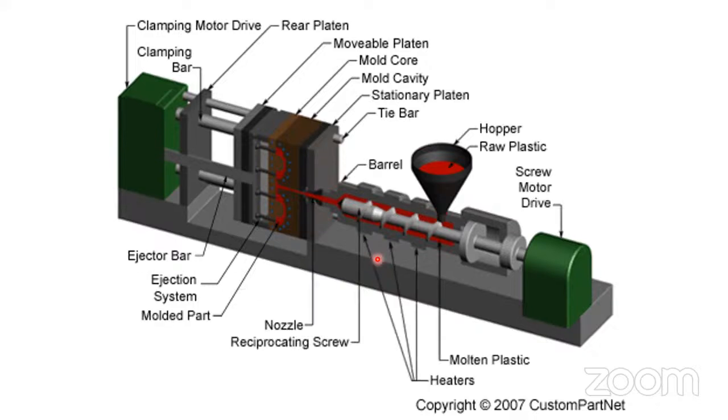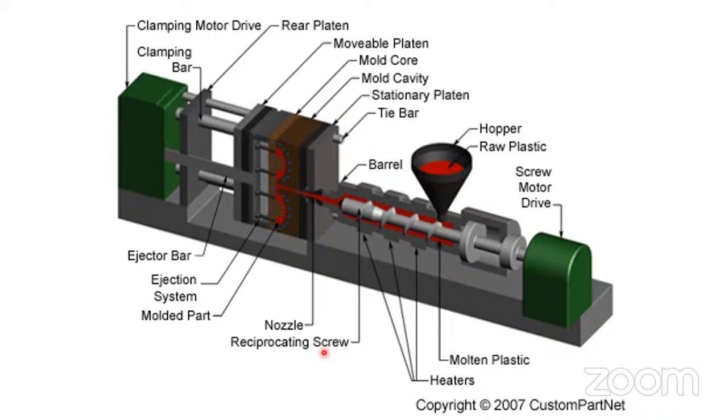Now we will go to the next part. See, the heaters are here, the barrel is here, and this red color is the molten mass. Plastic gets melted here. This screw is called a reciprocating screw because it goes forward and comes backward, goes forward and comes backward.